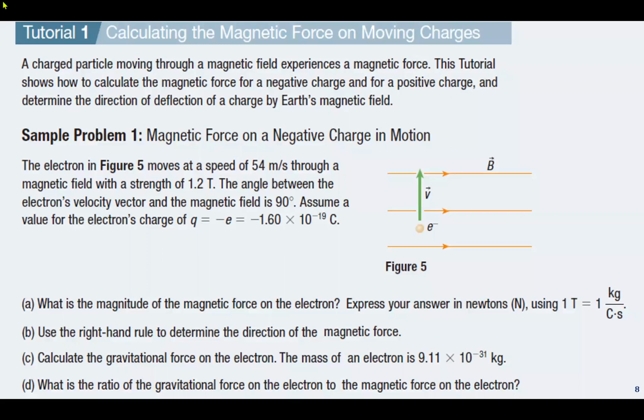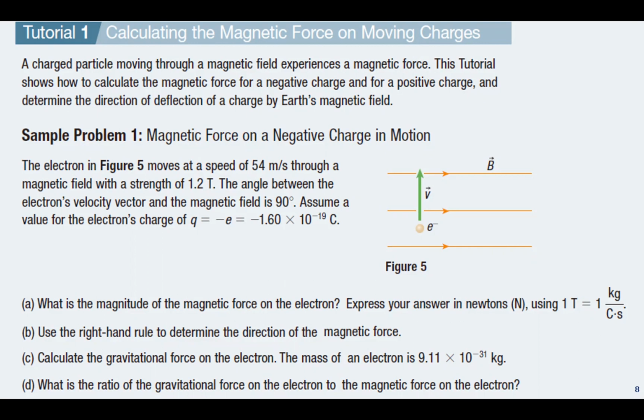All right, so let's consider tutorial 1, calculating the magnetic force on moving charges. This tutorial shows how to calculate the magnetic force for a negative charge and for a positive charge, and determine the direction of deflection of a charge by Earth's magnetic field. So let's consider sample problem 1.